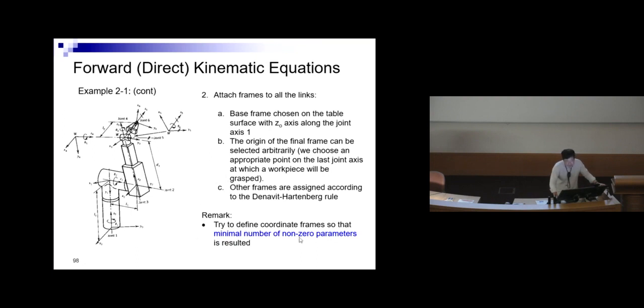In all cases, you try to find the coordinate frames so that there's a minimum number of non-zero parameters. So if you form the table, you should have as many zeros as possible. That's what it meant. There are things that cannot be zero, but you should have the minimal number of non-zero parameters.